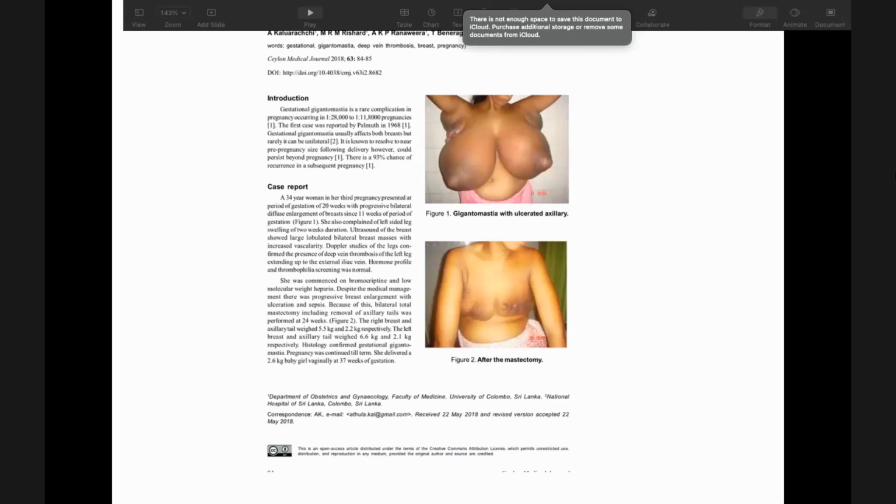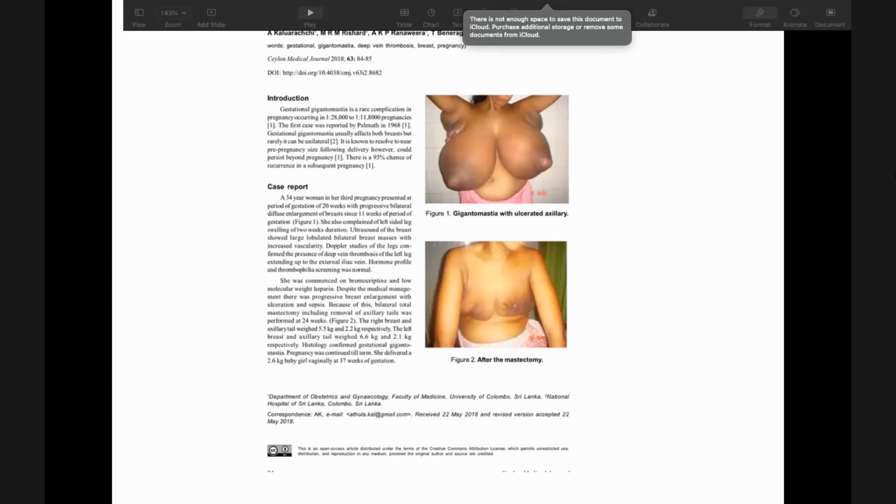Very rarely, some women react very strongly, with hypersensitive prolactin receptors. This is a very rare condition called gestational gigantomastia. The breast tissue becomes enlarged, and this can happen in pregnancy, postpartum, and even in young adults.